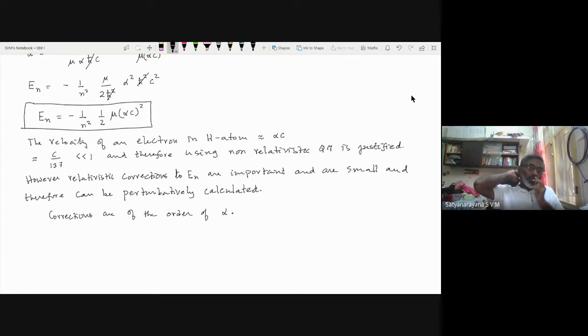That means what is the maximum physics that you can extract from this analytical formula that we obtained, because in not many cases will we be able to exactly solve. So in getting these expressions, we have this mu, and you can see that this mu is a reduced mass.